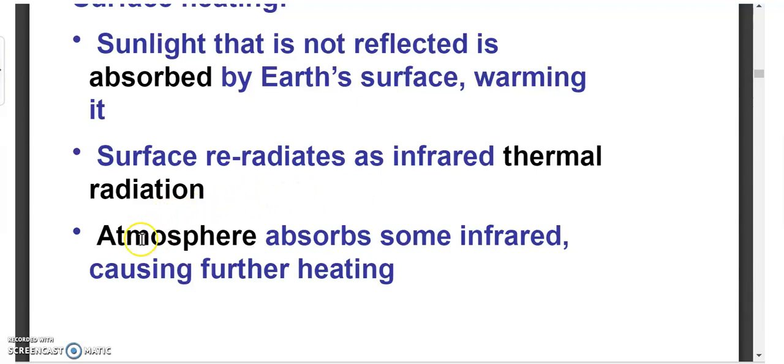Anyhow, what happens, of course, this is the whole idea of the greenhouse effect, is there are certain molecules that will absorb that infrared radiation, and the biggest culprit of these so-called greenhouse gases is water vapor. Actually, it's much more effective than carbon dioxide.